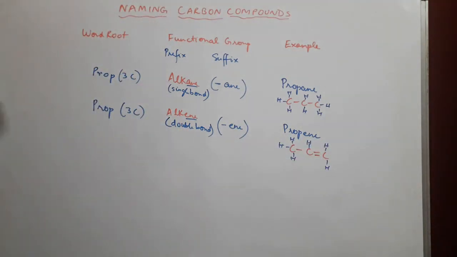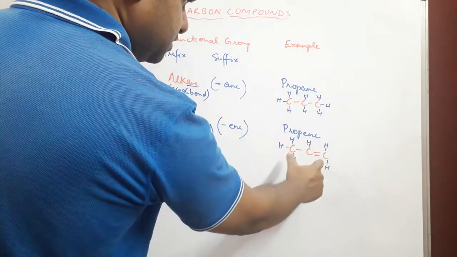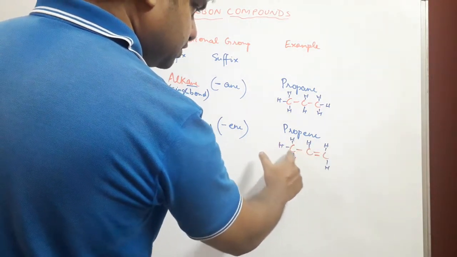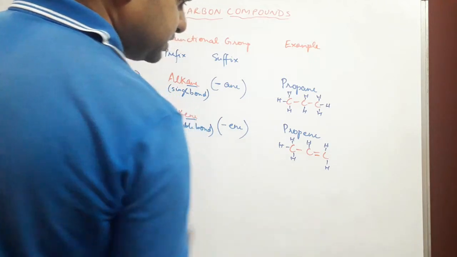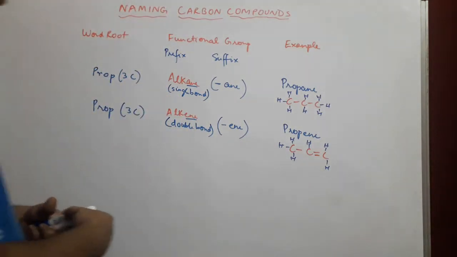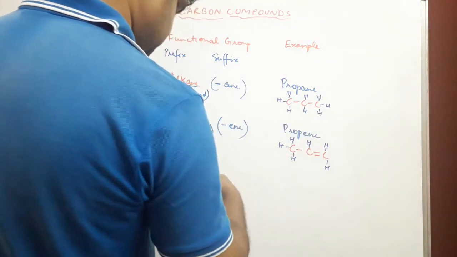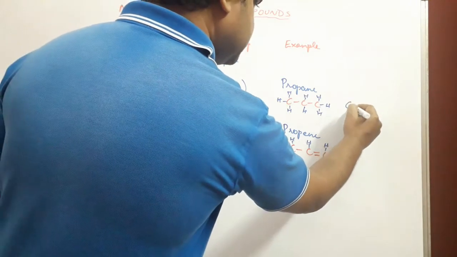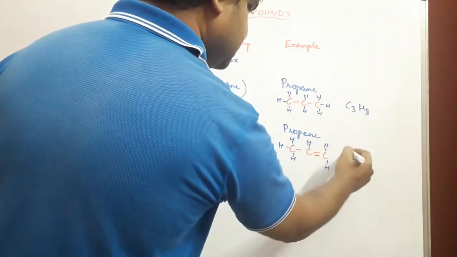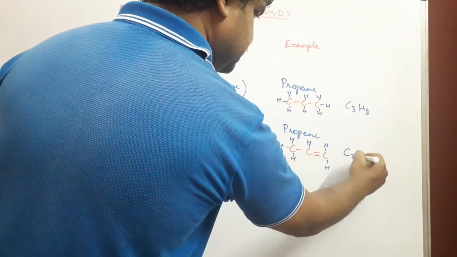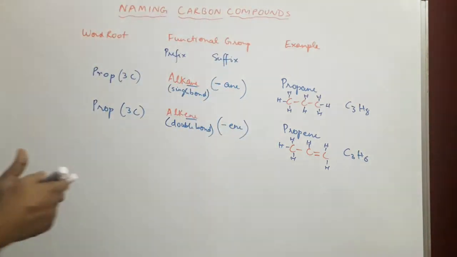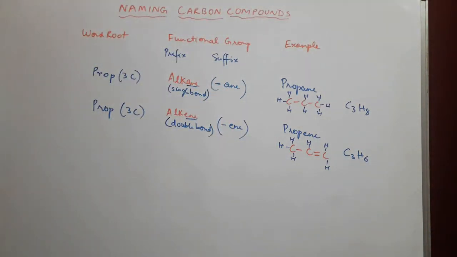So have a look over here that this one will only have 6 hydrogen atoms, whereas this one had 8. So this is C3H8, whereas this is C3H6. We have learnt about their general formulas in the previous video.